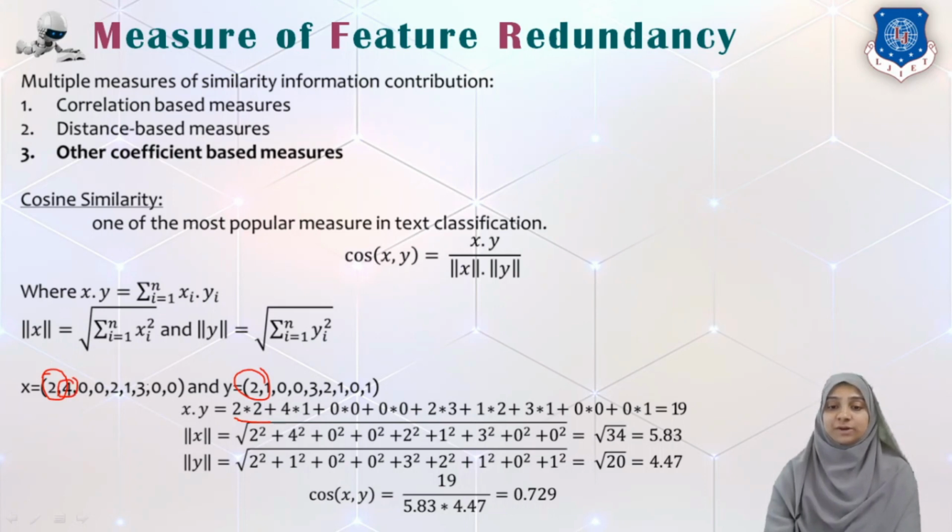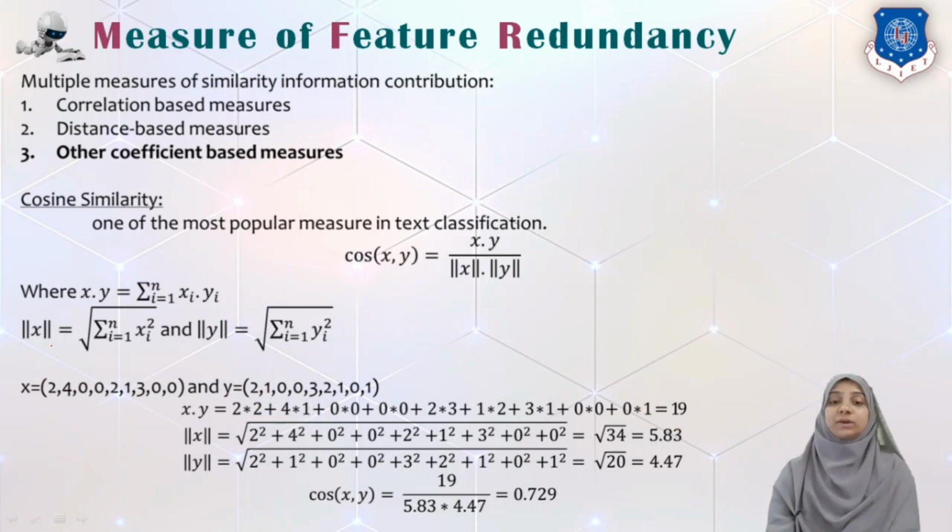Similarly, the second component of x is multiplied with the second component of y, that is 4 into 1. Likewise, we will keep on multiplying element by element and take the sum of these products. The multiplication of each individual vector element and their sum is nothing but my x dot y.